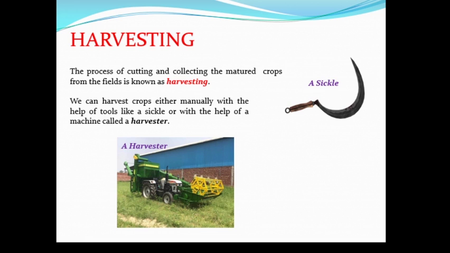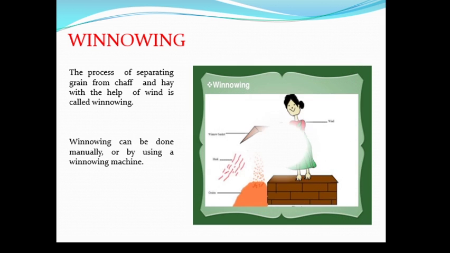Once the crop is harvested, the grains are separated from the chaff. Now winnowing. The process of separating grain from chaff and hay with the help of wind is called winnowing. Winnowing can be done manually or by using a winnowing machine.